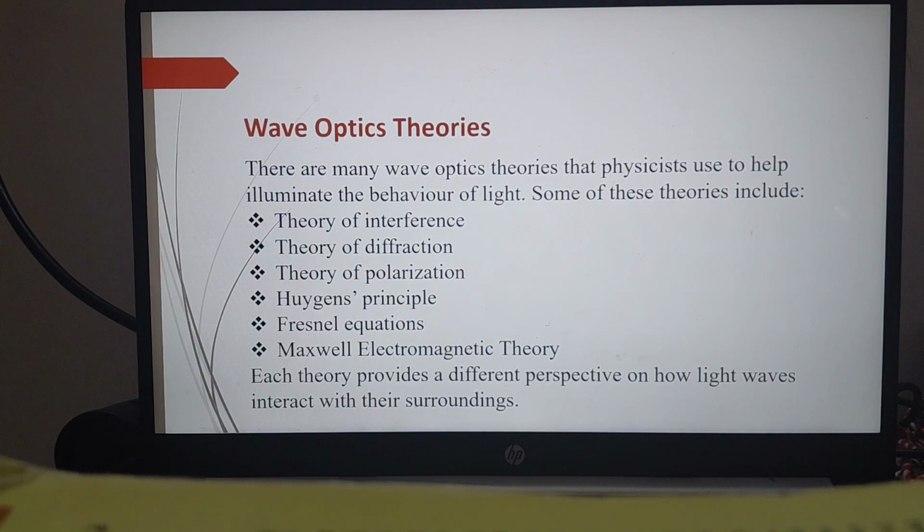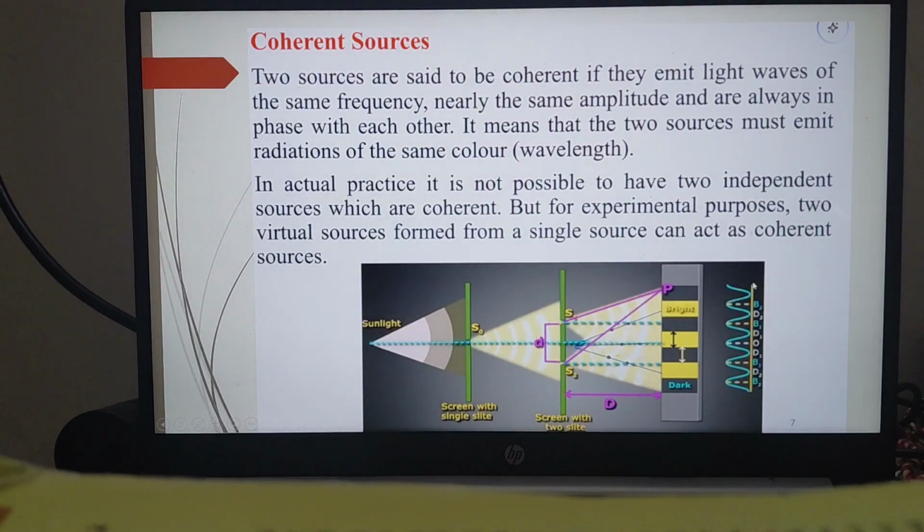The theory of interference, theory of diffraction, theory of polarization, Huygens principle, Fresnel equations, Maxwell electromagnetic theory, etc. In our engineering physics, we are majorly focusing on only 3 phenomena: interference, diffraction and polarization.